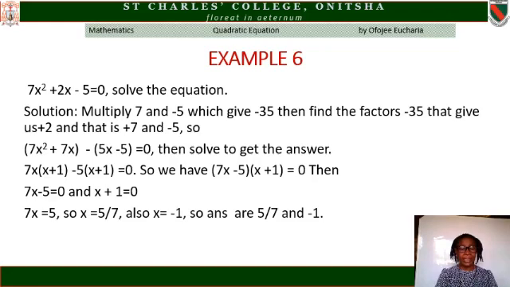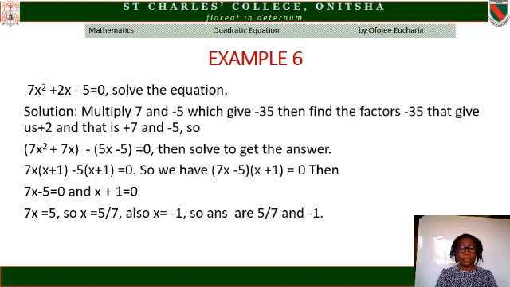In the first bracket, the factor is 7x, and the bracket has x plus 1. In the second bracket, the factor is minus 5, and in the bracket, we have x plus 1, which equals 0. And so, we have 7x minus 5 in the first bracket, and x plus 1 in the second bracket, which is equal to 0.